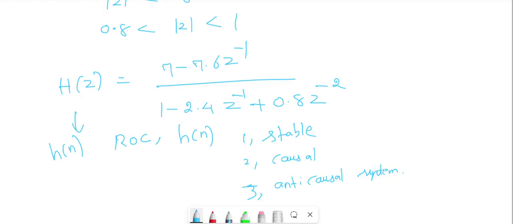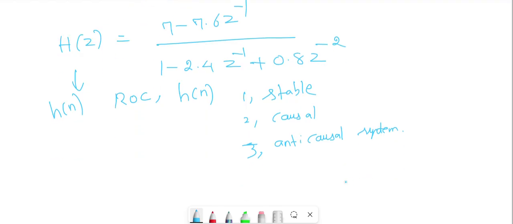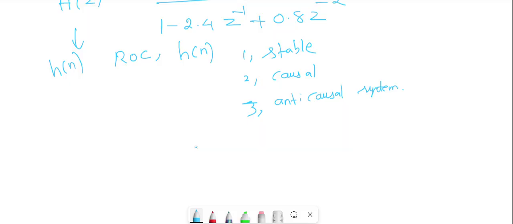Okay, the system function, then how to do the pole zero plot. Pole zero plot from Z transform.